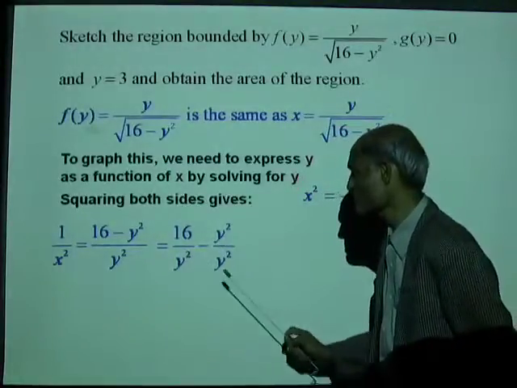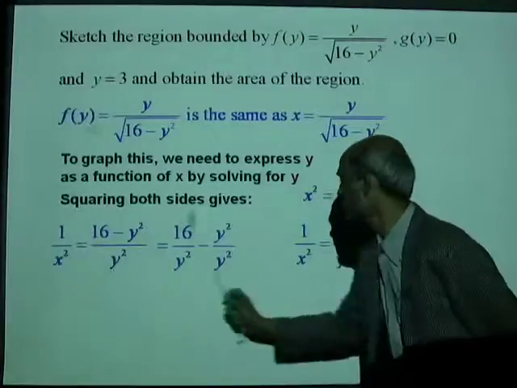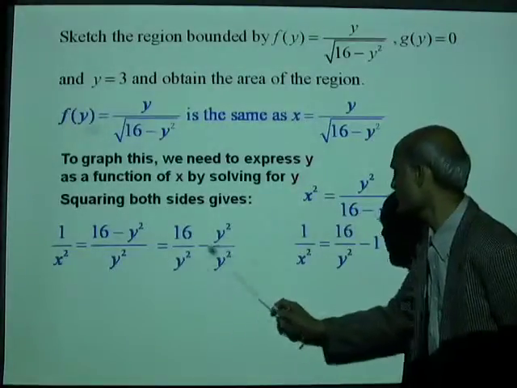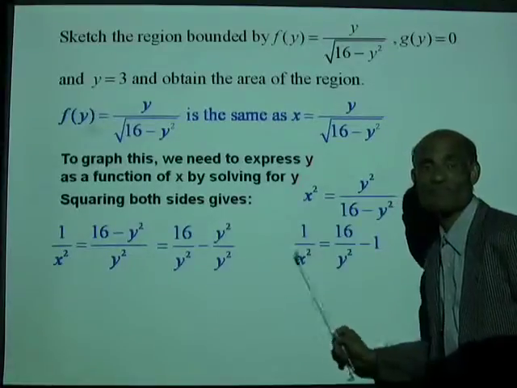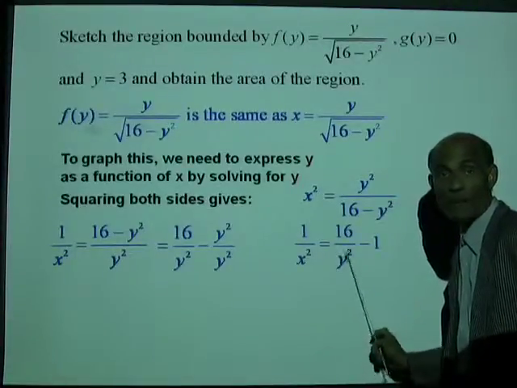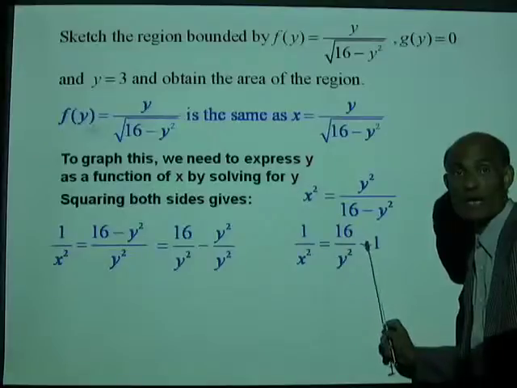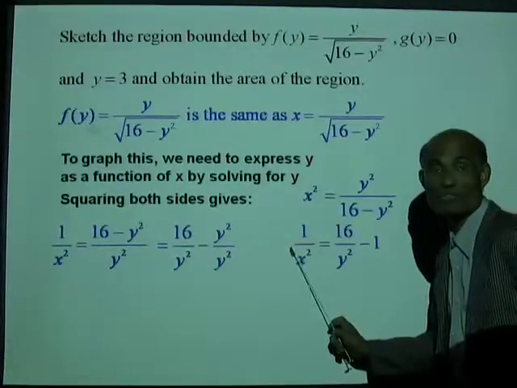So what is this equal to? We have 1 over x squared equal to 16 over y squared minus 1. We need to solve for y, means leave this term here and take that negative 1 to the left side.